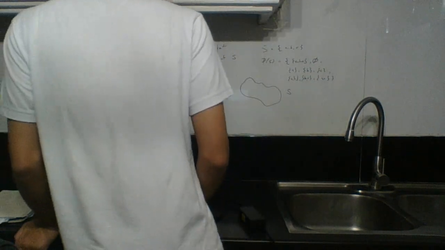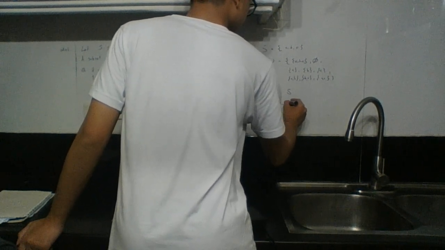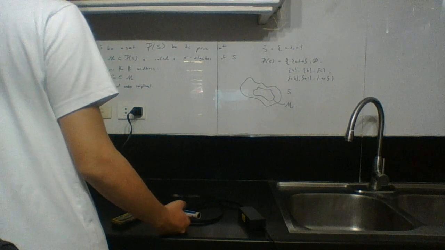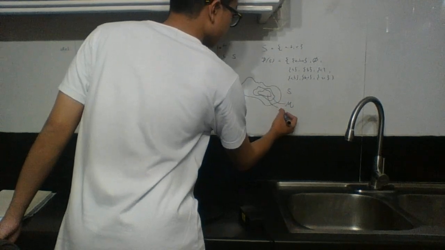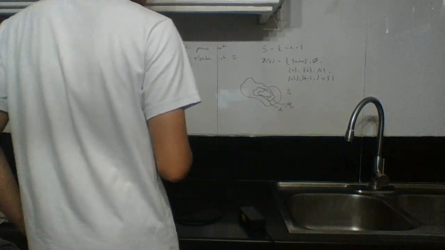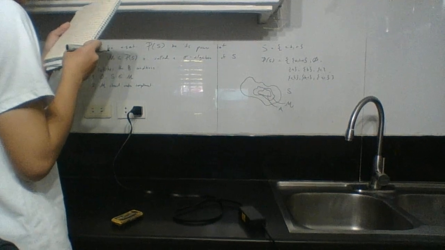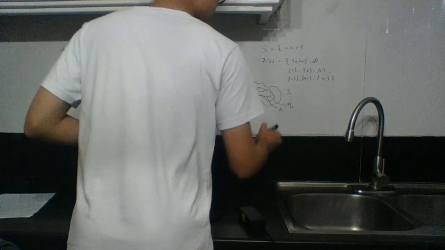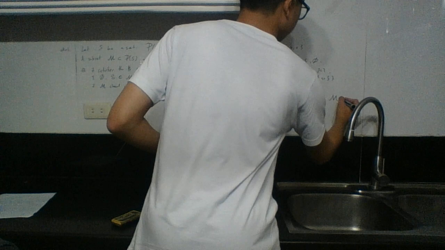I have S, and let's say this certain subset here is M. If I have a small section of M, I'll call it A, then the complement of A with respect to S, everything that's not inside A but is inside S, is contained inside M. So S without A is inside M, or at least it's a subset of M.